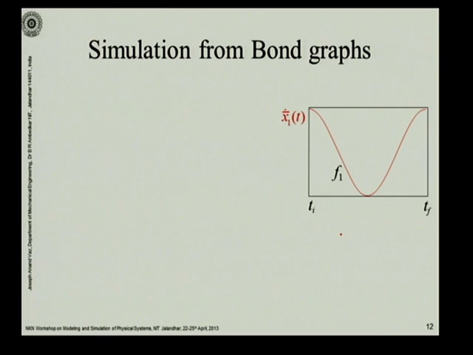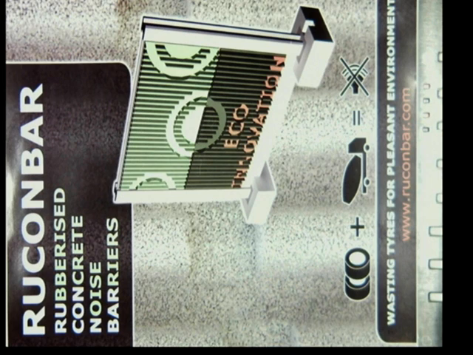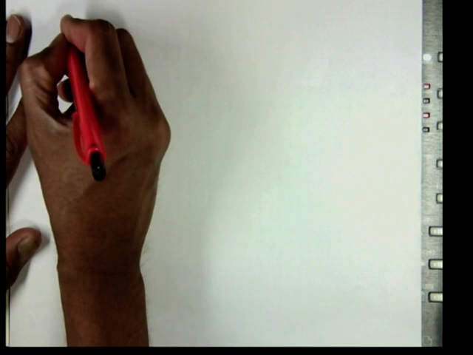So suppose we have a system like this. We have a set of first order derivatives. You can see that using bond graph, we can derive equations in this form.